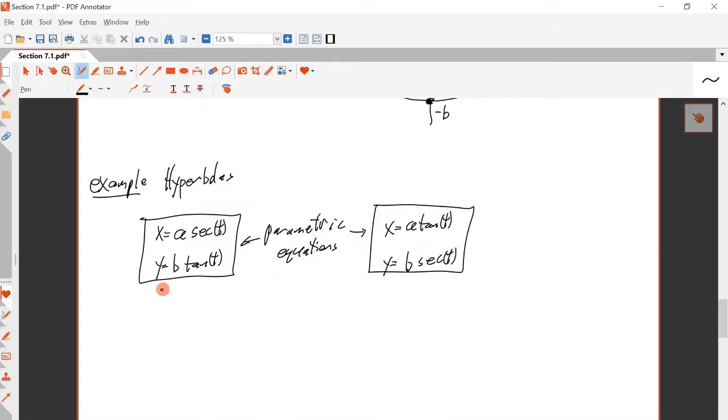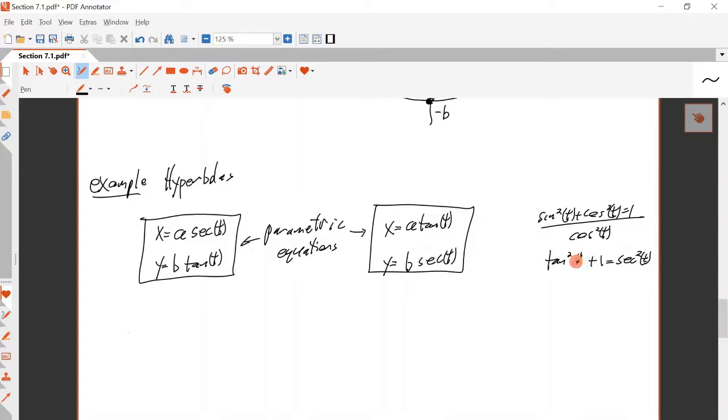And the Cartesian equations, here we have, well, remember, sine squared t plus cosine squared t is equal to 1. So when you divide by cosine squared on both sides, you get tangent squared t plus 1 is equal to secant squared t.